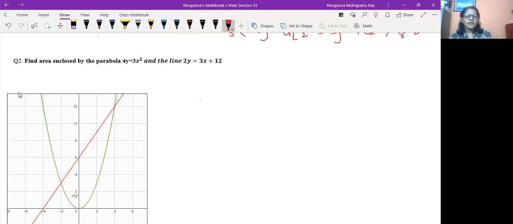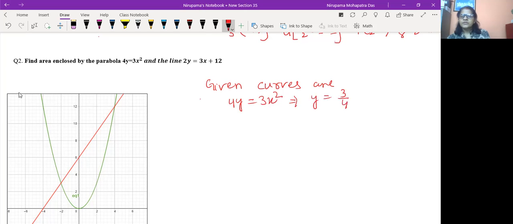So we can write here, given curves are, first one is 4y equal to 3x square, or you can say x square equal to 4y by 3, which is a parabola opening in upward direction, right? So this implies y equal to 3 by 4 of x square. This is your first equation.